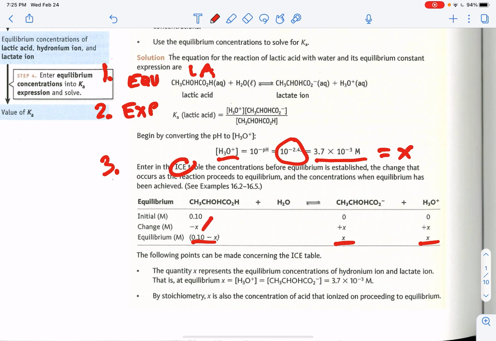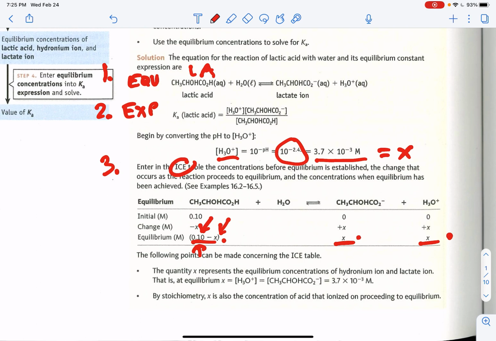If you start with this many, and 3.7 times 10 to the minus third, which is X, break up, then you have 0.10 minus X left over at equilibrium. It's like saying if you have X squared ant couples, you're going to get X guys and X girls that split up, and over here are the rest of the ant couples that did not split up.